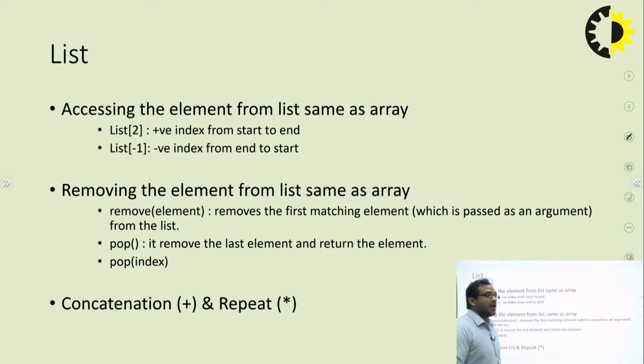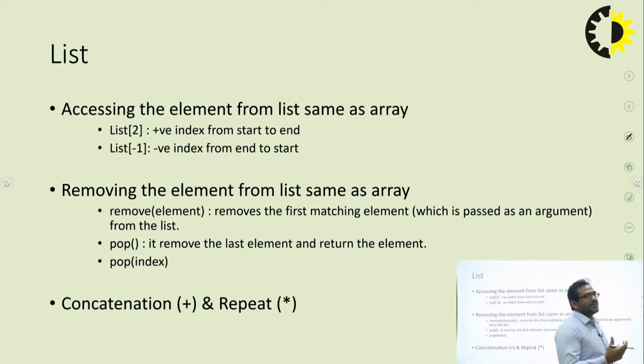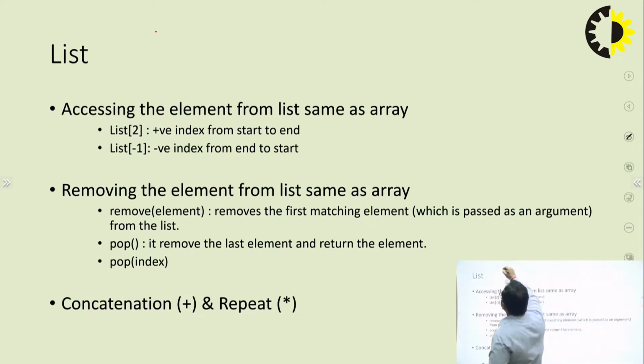Next. If you want to access the elements, there are two ways. Either you can use the for loop. This is the easiest way, but the condition is that with a for loop you can access all the elements, right? So suppose I have some elements in a list, L1.